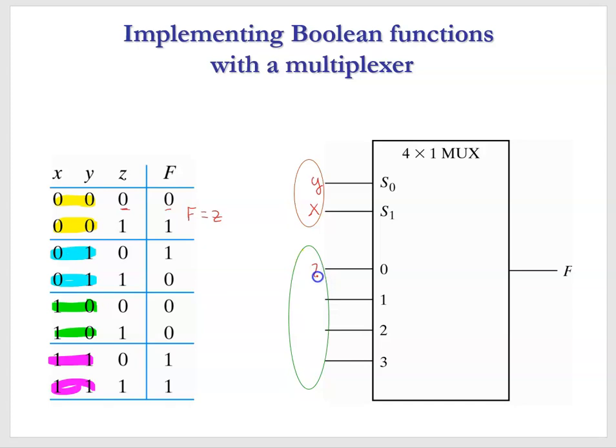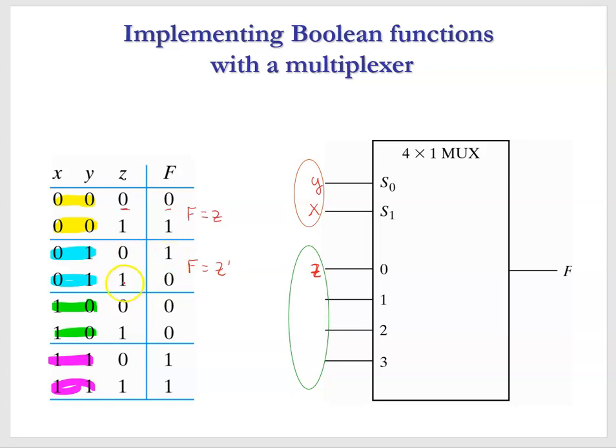So at input 0 here, we just need to wire z. So now we're using our three inputs of the truth table to create this function. When x and y are 0, 1, then what we have is an inversion here, right? So now we have f is equal to z prime.